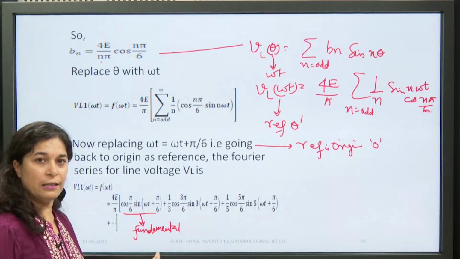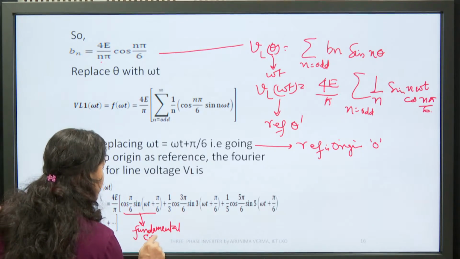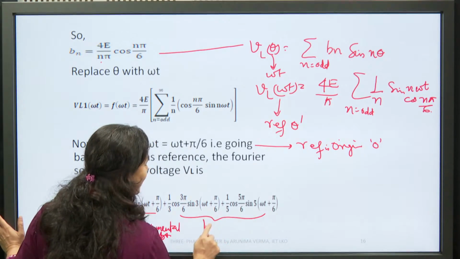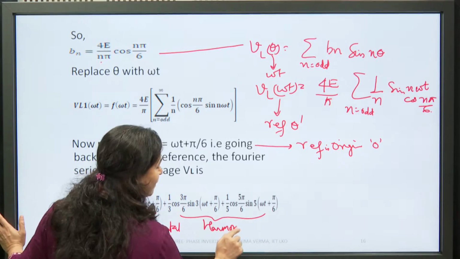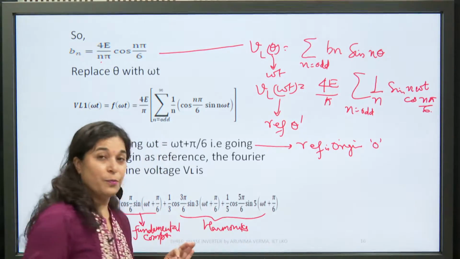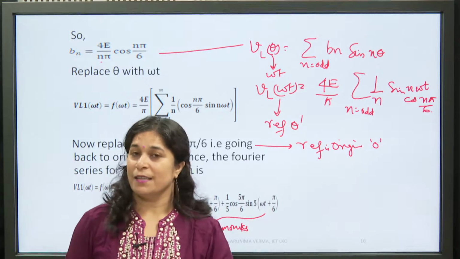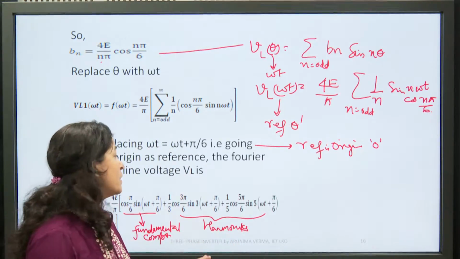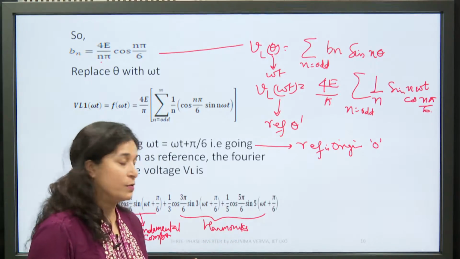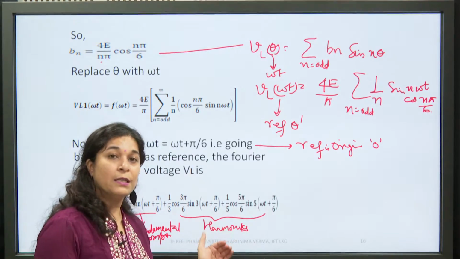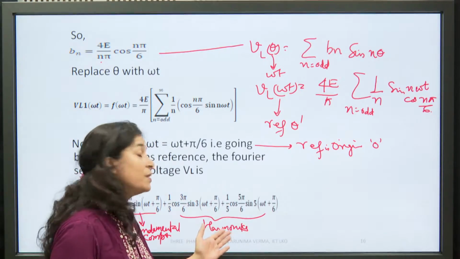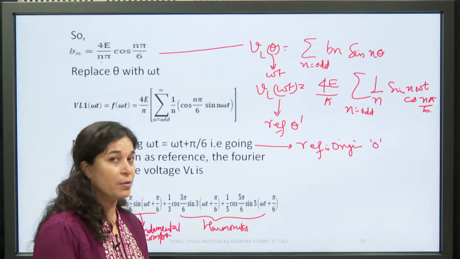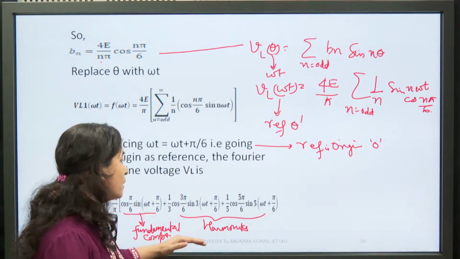We get this as the fundamental component, and the rest of these are basically harmonics. The biggest drawback of power electronic devices is this only: they introduce harmonics into the system, and we cannot forego them, because in certain applications these harmonics are really dangerous and distort the waveform, since we do not get a sinusoidal waveform as such.